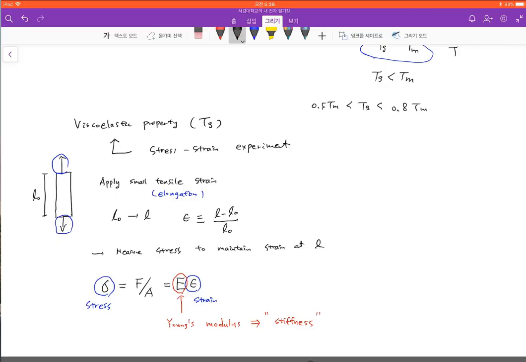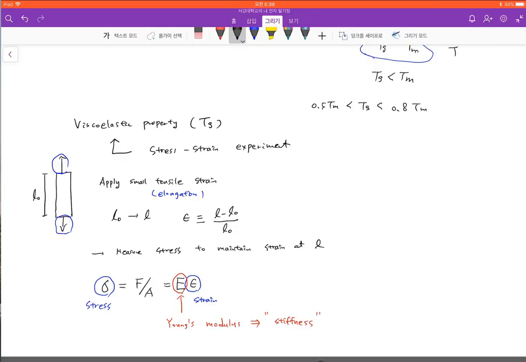Then let's imagine what would happen to this stiffness or Young's modulus of the polymer sample above Tg. We mentioned that Tg is a kind of temperature in which polymer chains show cooperative segmental mobility or micro-Brownian motion. So above Tg, polymers move more freely than below Tg, right?